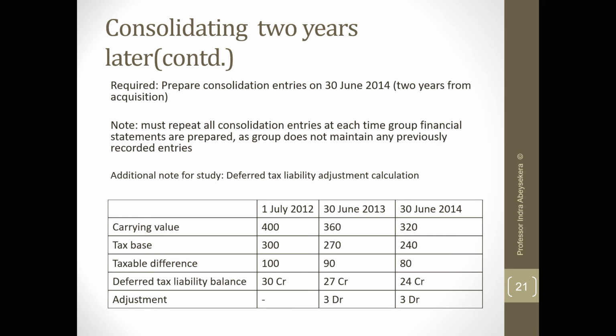Therefore, the deferred tax liability balance for 2012 is 30, 2013, 27, 2014, 24. So we keep decreasing, and we need to decrease the deferred tax liability balance as we go forward.